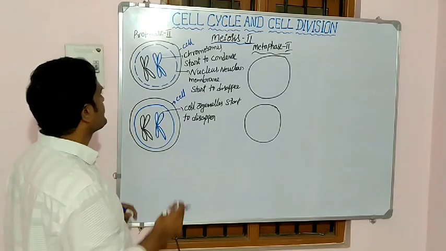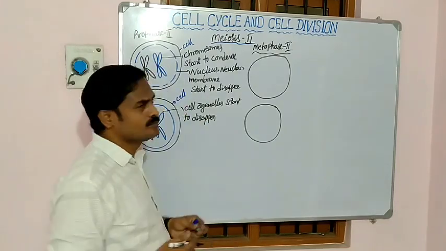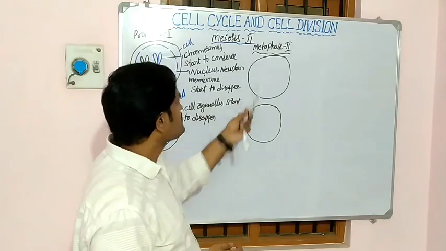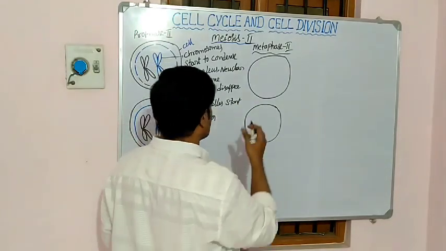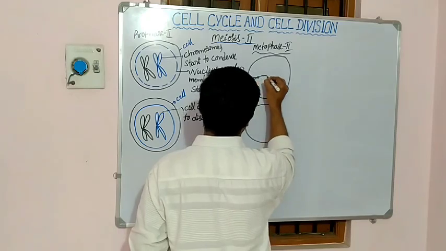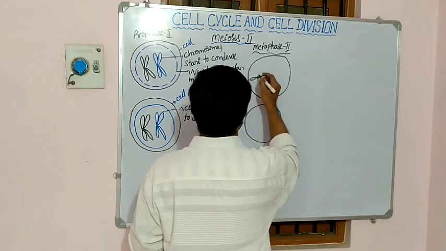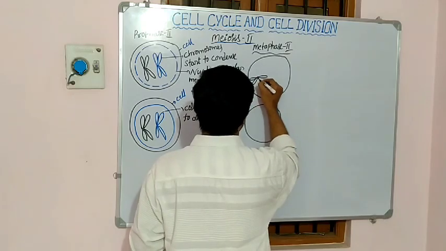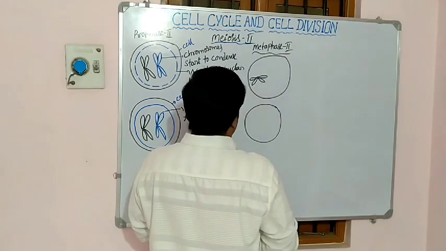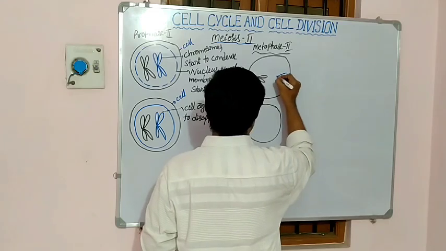Then what will happen here? The condensed chromosomes reach the center of the cell like this. This is one chromosome, and this is another chromosome.